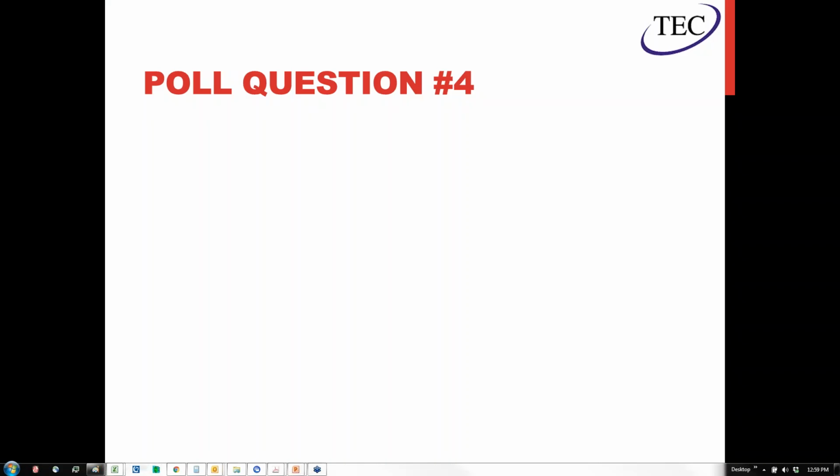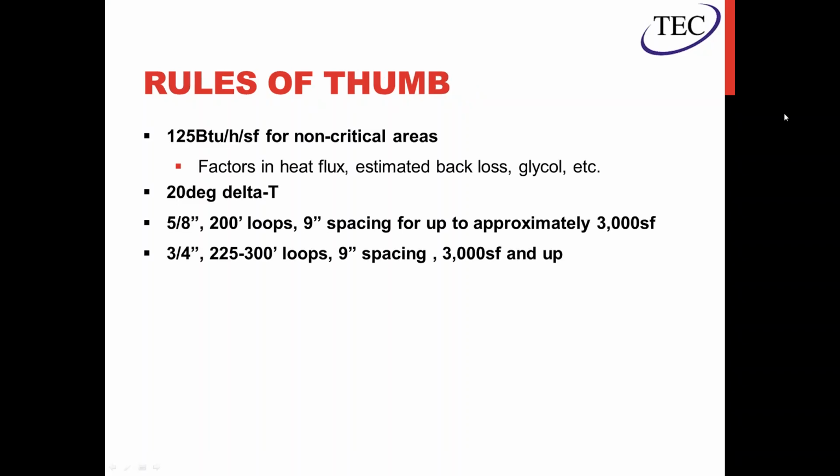All right, let me close this up and just go through a few quick little things. Okay, as I alluded to, some rules of thumb. For the Chicago area, we found that designing at 125 BTUs per hour per square foot for non-critical areas, meaning not helipads or anything else like that, will cover stairways, ramps, drives, commercial and residential.